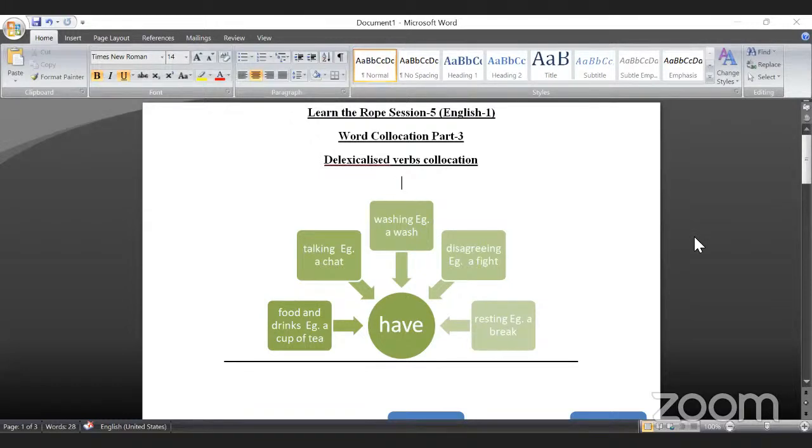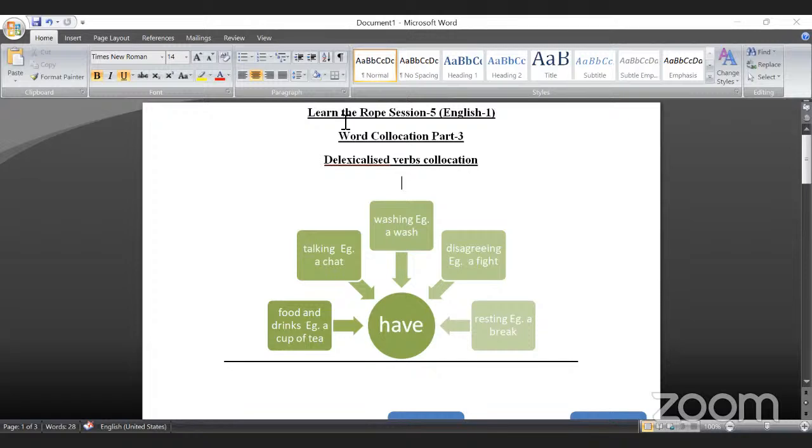One you have on the screen. Any other delexicalized verbs that you know of? Have, has, was. They are not delexicalized verbs. Am, is, are, was are auxiliary verbs or helping verbs. Delexicalized is a very different category.